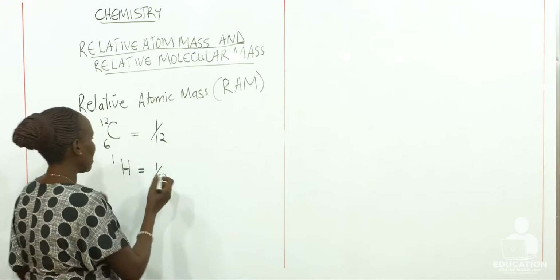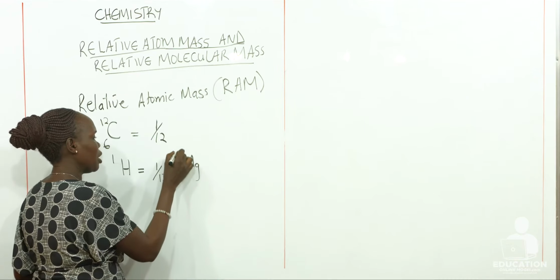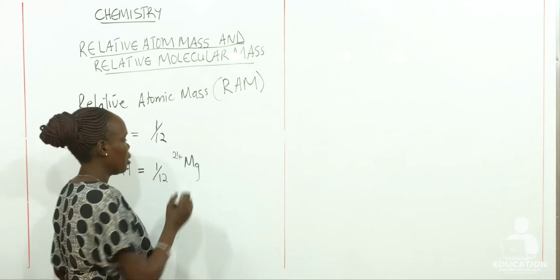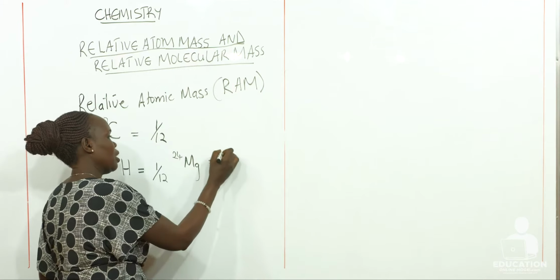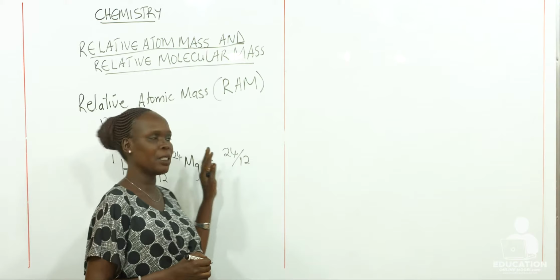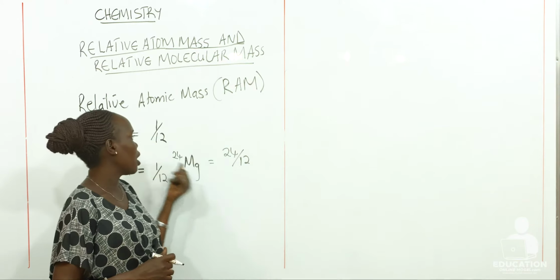If you say magnesium, which has mass number 24, then we shall say that it is 24 over 12. When we compare it to carbon 12, we see that magnesium is heavier than carbon.